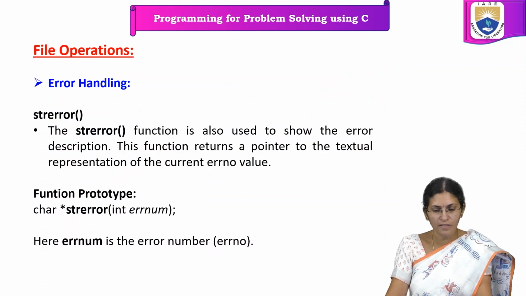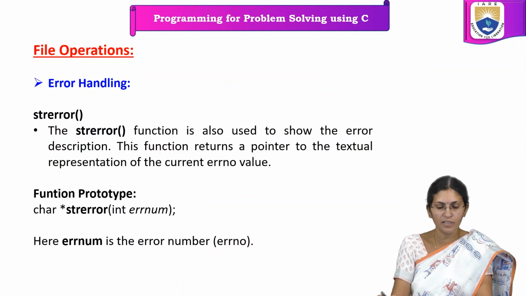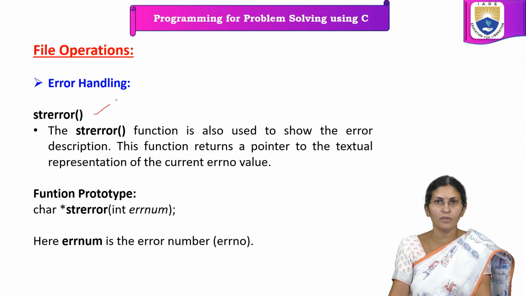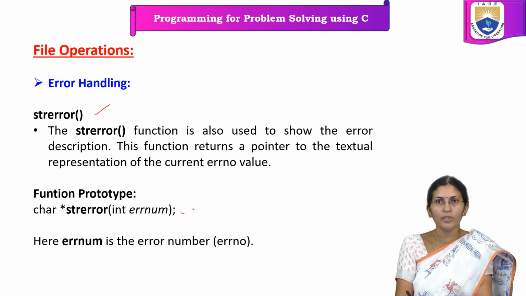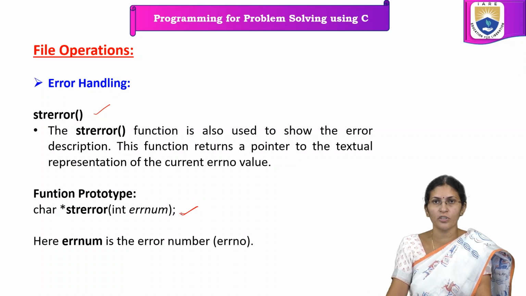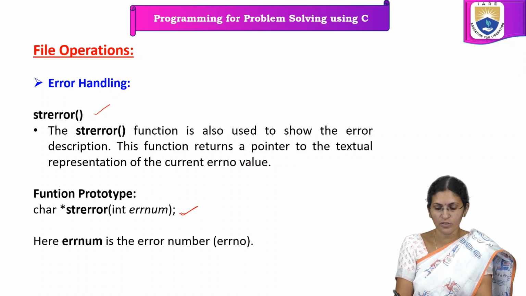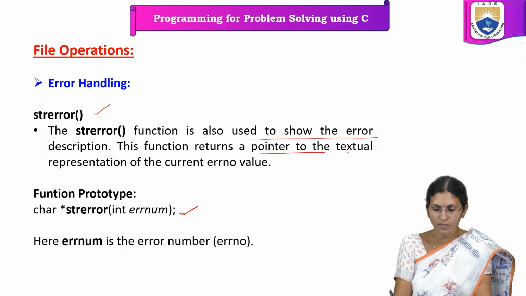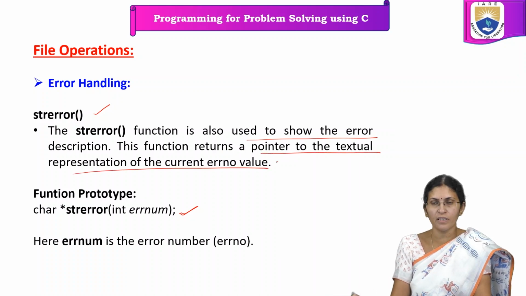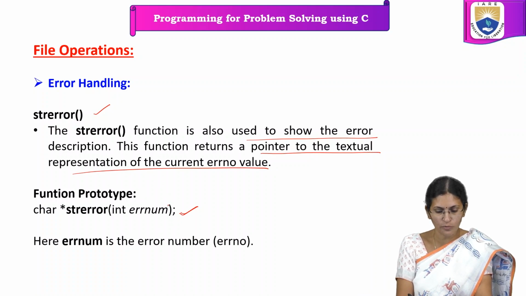Next one is the strerror function. Its function is also the same as perror. This will also give the description of the error message, but the prototype is different here. We can see the prototype of this function. The strerror function is also used to show the error description. This returns a pointer to the textual representation of the current errno value.